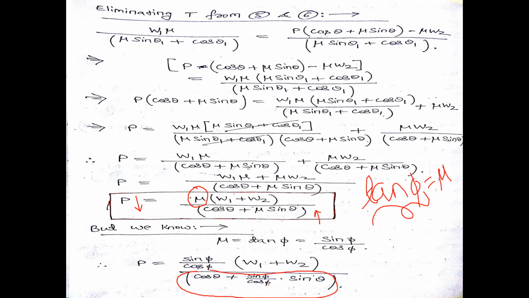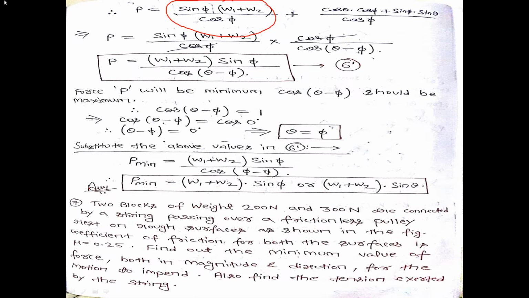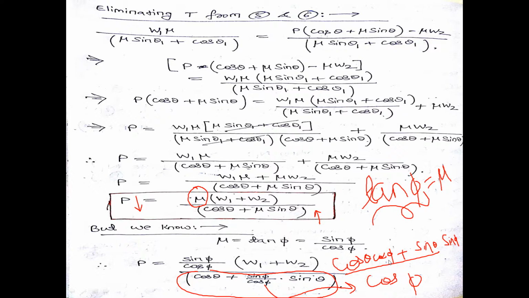In this term you can write the denominator like this: (cos theta cos phi plus sin theta sin phi) divided by cos phi.